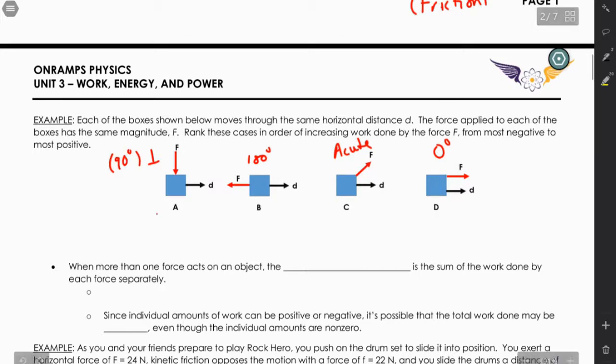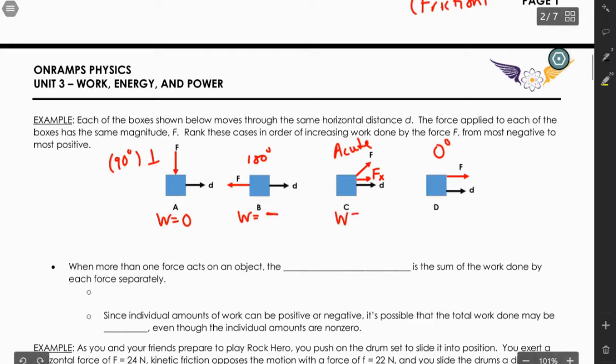Here, the work done, because it's perpendicular, is going to be 0. Here, the work is going to be negative, because remember, the cosine of 180 is -1. And now here, because we have to break this force vector up, this Fx will not be as large as in part D, or example B here.